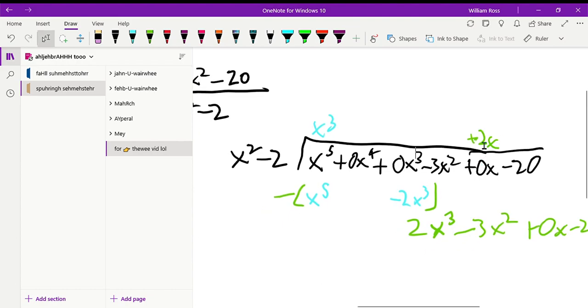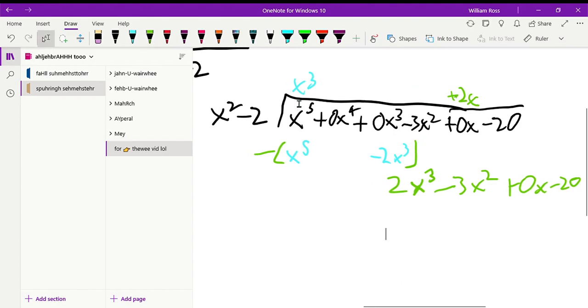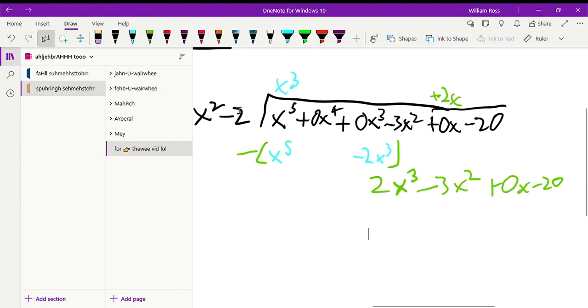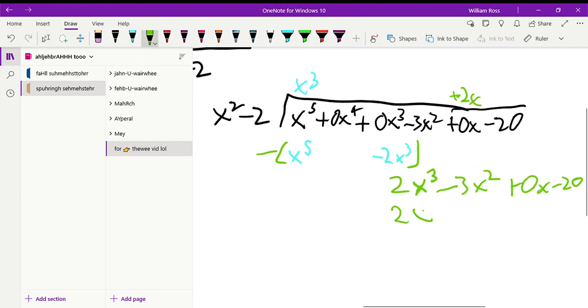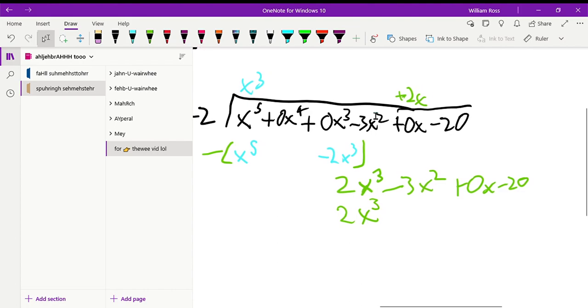Okay, so 2x times x squared minus 2 will be, so 2x times x squared, that will be 2x to the third. 2x times negative 2, that is negative 4x.